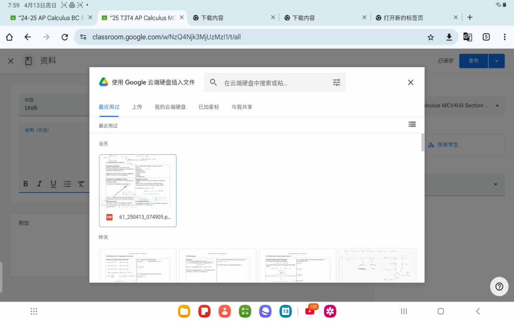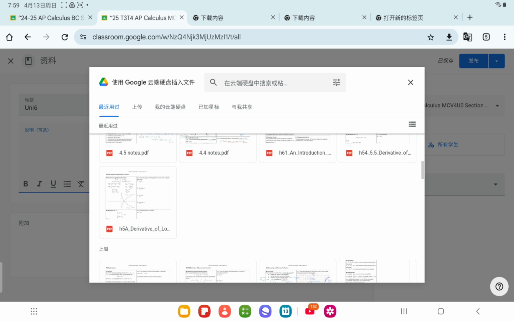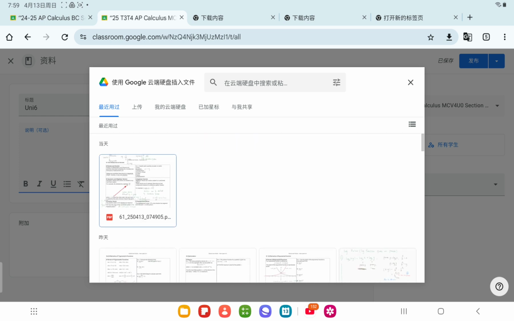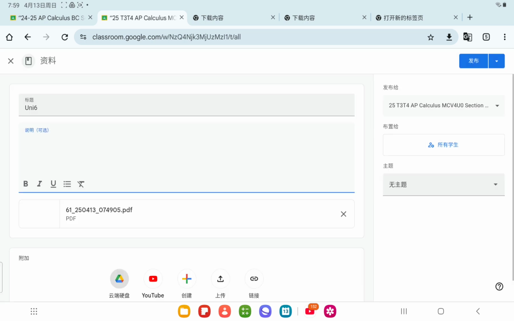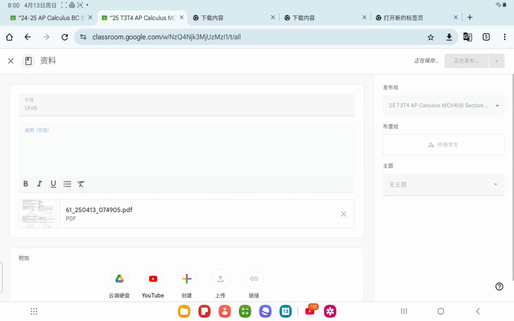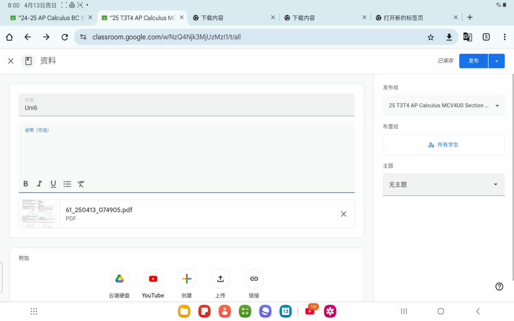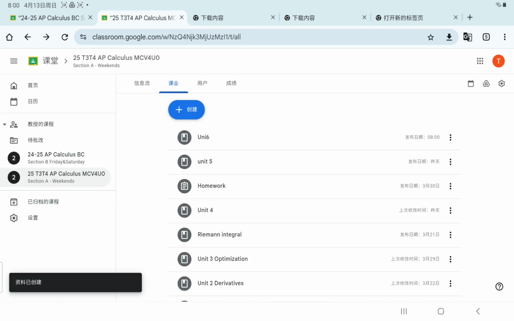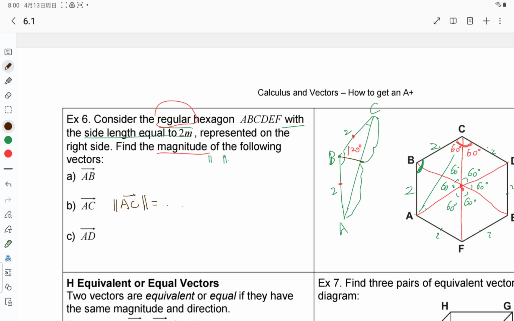Okay, and then this, I'll just upload one of them so you guys can have a reference PDF, and then we can always... Okay, let's see, where are we right now?